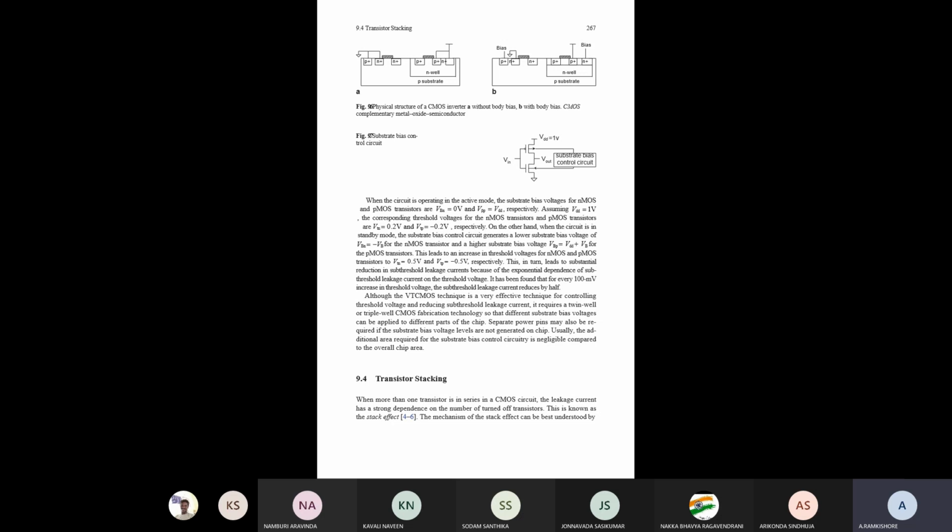So already we have some idea that the threshold voltage is a function of the voltage difference between the source and the substrate.